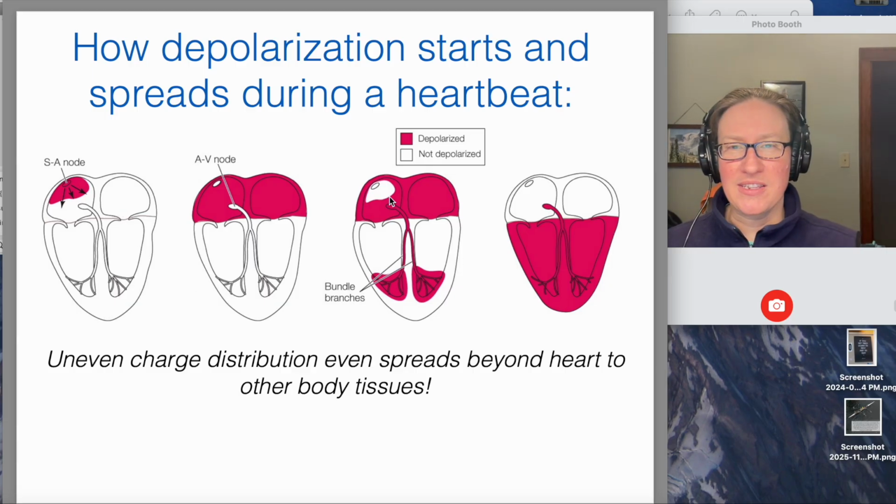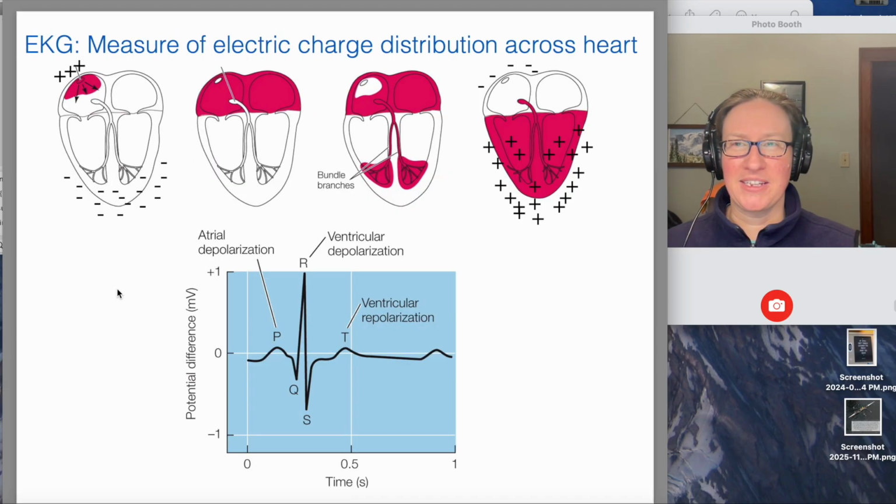The ventricles then, thanks to these conductive fibers, will start to squeeze from the bottom up, right? And that's helpful for the purpose of emptying out the ventricles into the aorta, producing force in that opposite direction. And it's possible, again, to measure this uneven charge distribution in other body tissues. So you don't have to actually go in and measure the heart directly.